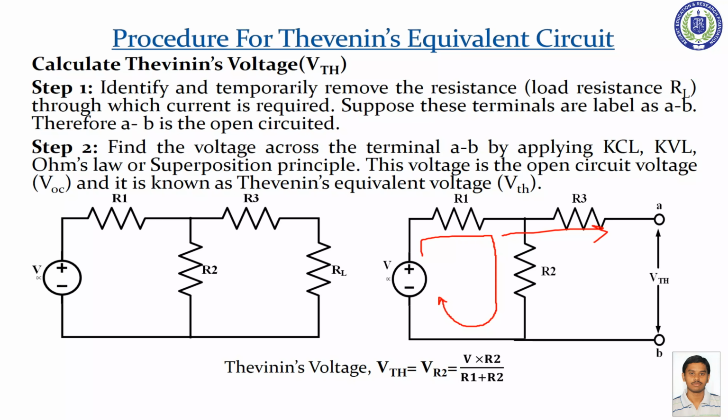This position is open, so no current flows in this path, so the voltage across R2 is the Thevenin's equivalent voltage. So the Thevenin's voltage is equal to the voltage across R2, and we apply the voltage divider rule of a series circuit. So VTH equals V into R2 by R1 plus R2.